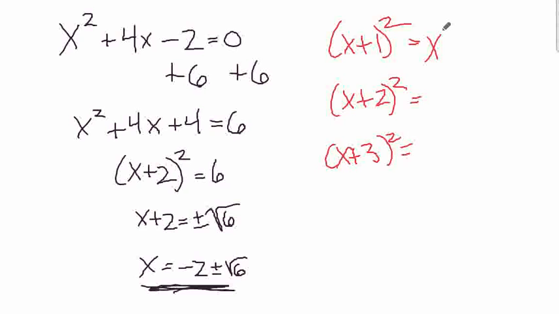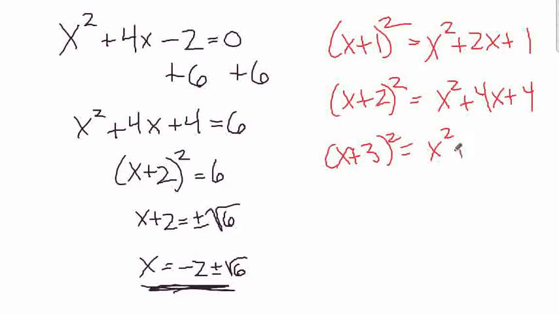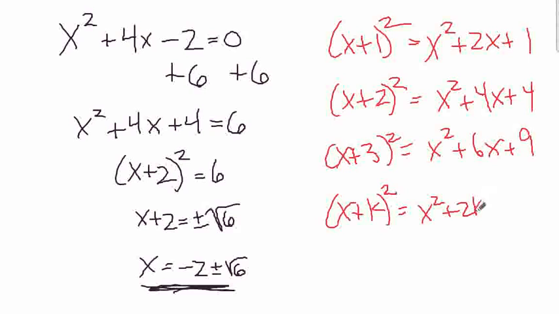So the first one, x squared plus 2x plus 1, x squared plus 4x plus 4, x squared plus 6x plus 9. And let me just in general add a k to represent every one, so I don't have to do an infinite number of examples. And then whatever you want to see, just replace k with that number. So this would be x squared plus 2kx plus k squared.